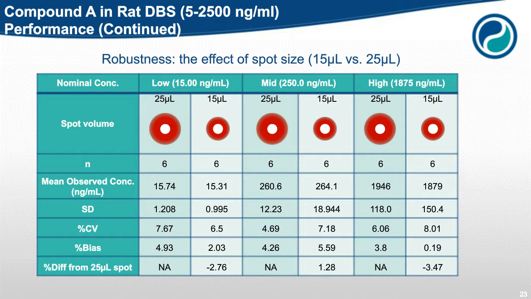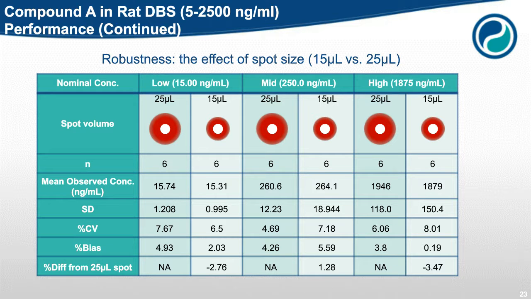So we have to make sure that's not the case. And for this method, we have shown that the percent bias between the two different spot sizes has no obvious difference. So in case the nurse or the personnel from the animal facilities accidentally added too much blood or too little blood, you will know that that would not affect your quantitation results.